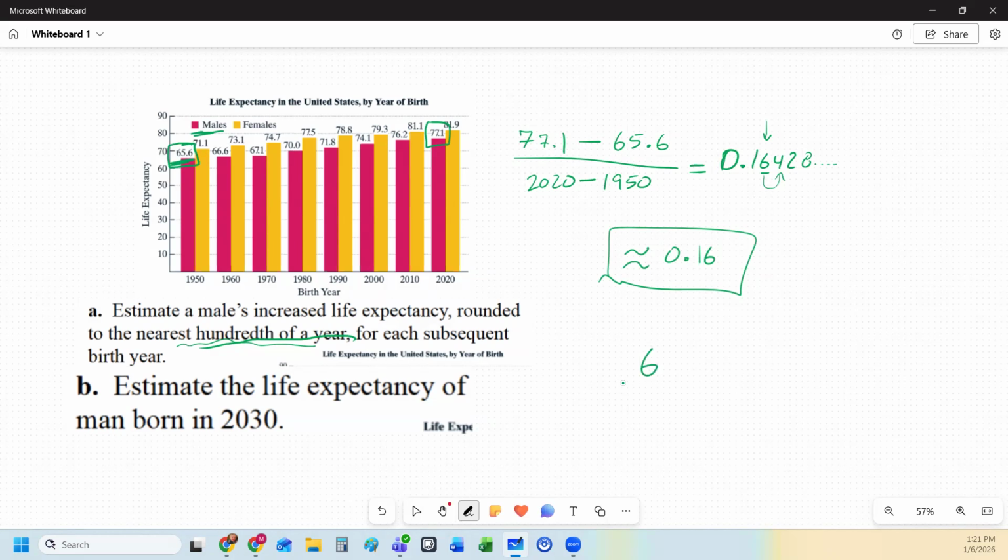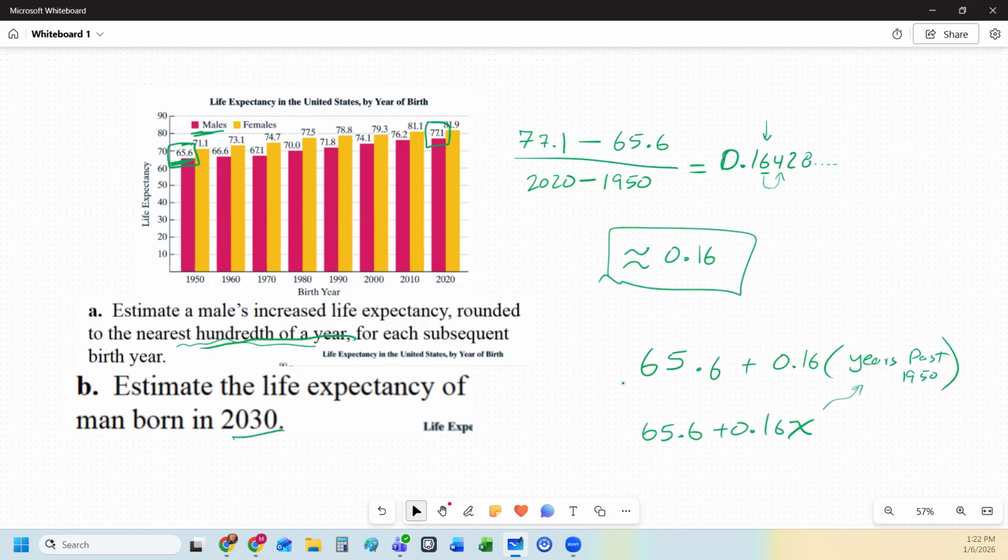An average man was expected to have a life expectancy of 65.6 years, plus 0.16 multiplied by however many years past 1950, which I can say in mathematical terms, this would be 65.6 plus 0.16 times x, where x is defined as the years past 1950. So we're looking at the year 2030.